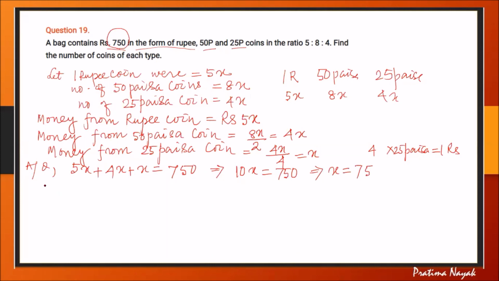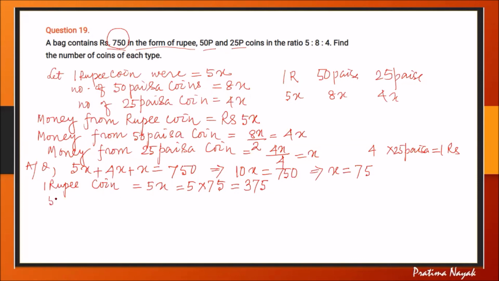Now, how many 1 rupee coins? The number of 1 rupee coins is equal to 5x. So it will be 5 times 75. So it will be 375 1 rupee coins.